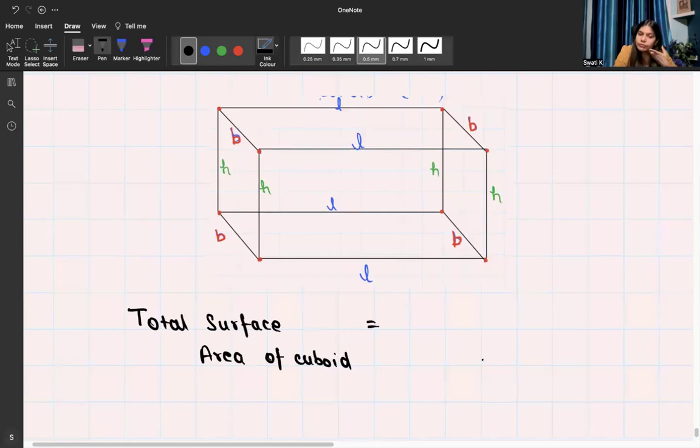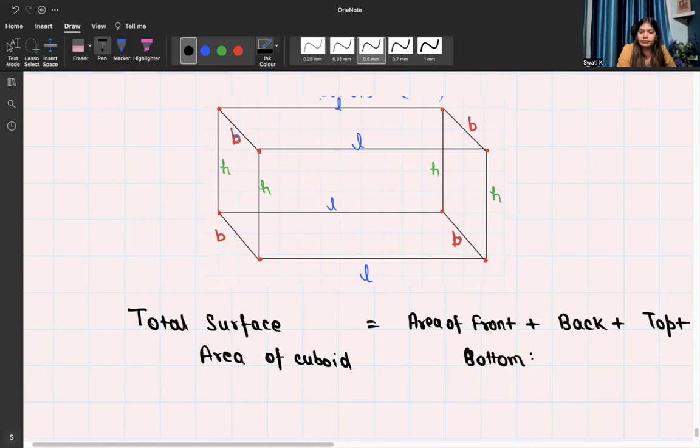So here the total surface area of a cuboid is going to be the sum of the area of the front part plus, I'm not writing the word now, area of the back part plus area of the top part plus area of the bottom part plus area of the left part and plus area of the right part, right?